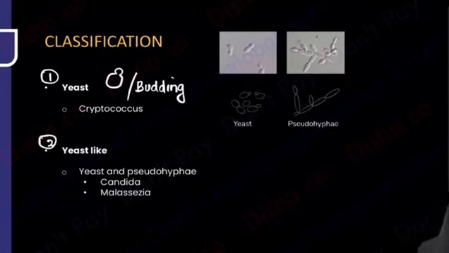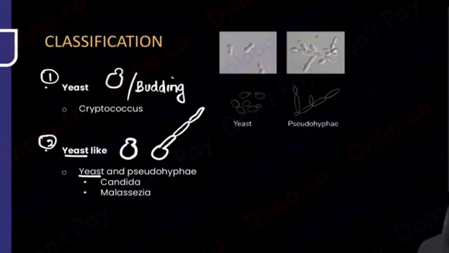When I say yeast-like, it means the element of yeast has to be there, means there is an organism and it is going to show you the budding, so the element of yeast is there. But apart from that, sometimes these buds become very, very long. So instead of looking like a tiny little bud like this, it's going to look like a long bud, from which another bud is going to come out and another bud is going to come out. What are these long buds known as? These are referred to as the pseudohyphae.